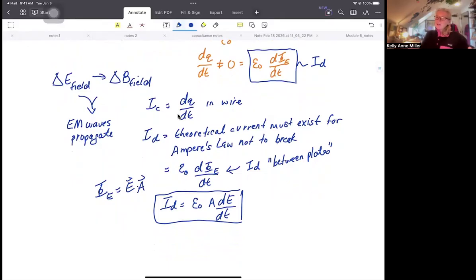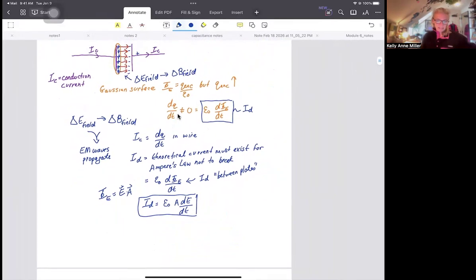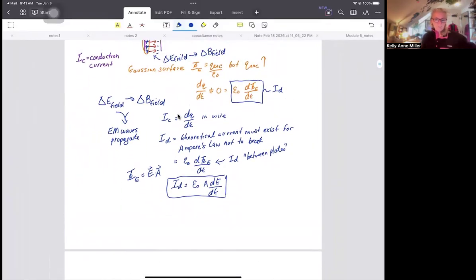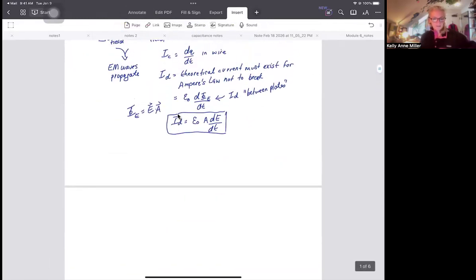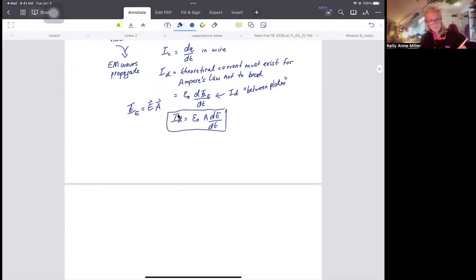Now, since our whole premise is that it exists so that Ampere's law doesn't break down, let's look at Ampere's law, and I'm going to have to insert another page here. Remember what Ampere's law says.